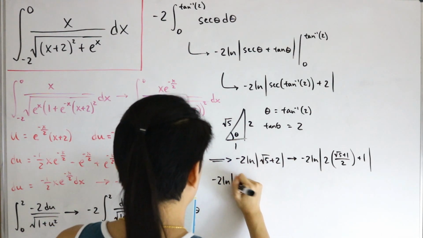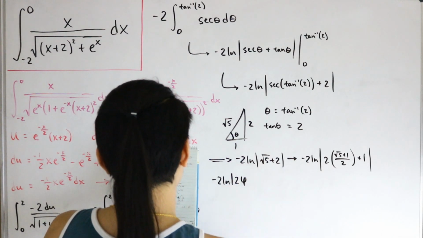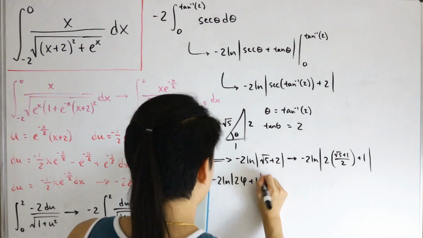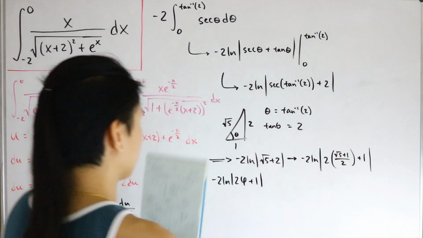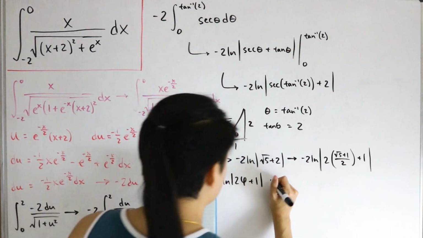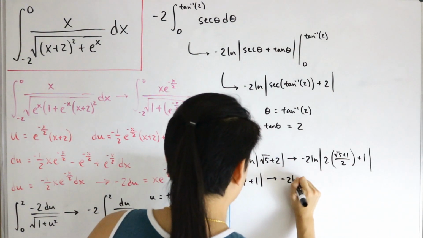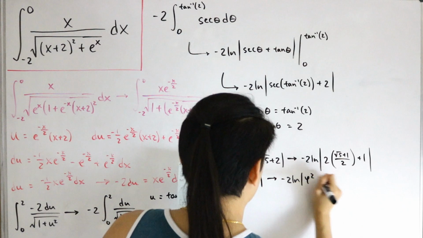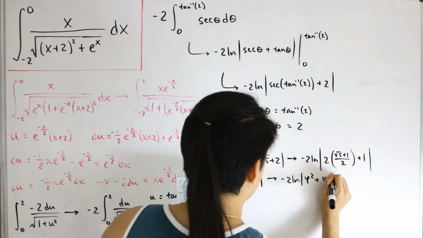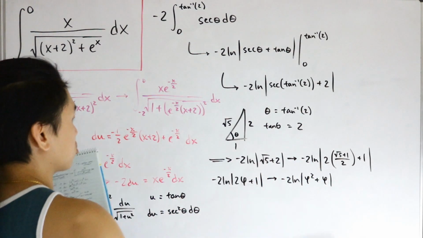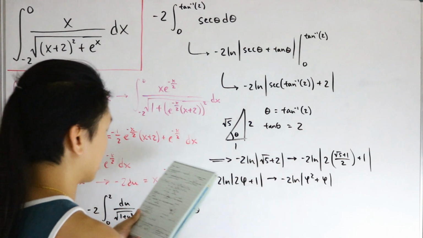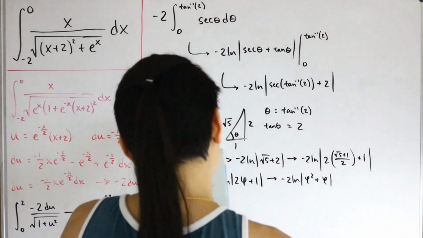So we have negative 2 times ln of 2 times phi, the golden ratio number, plus 1. Then we can use a nice little identity for the golden ratio number to simplify things and write this as negative 2 times ln of phi squared plus phi. We're basically adding an extra phi here to reduce using this identity. We can still keep going further.